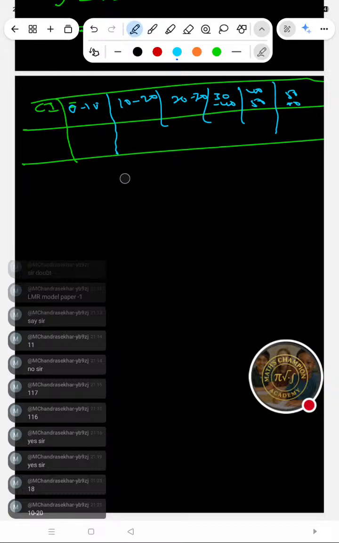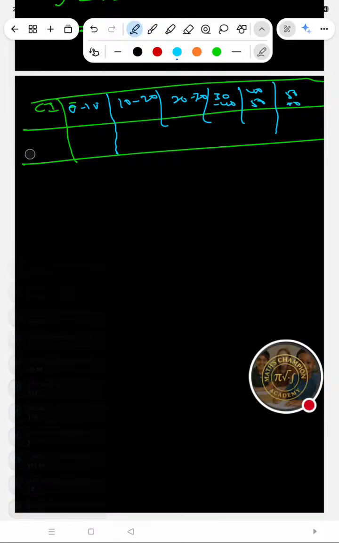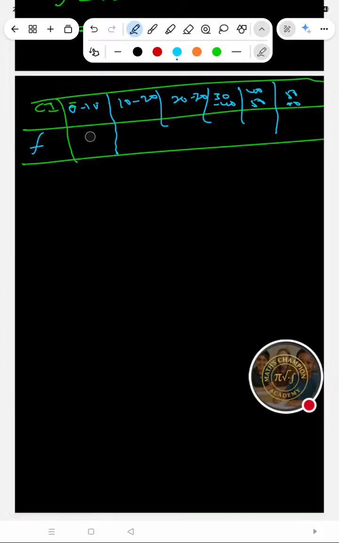The frequency F is given as 3, 16, 26, 31, 16, 8.